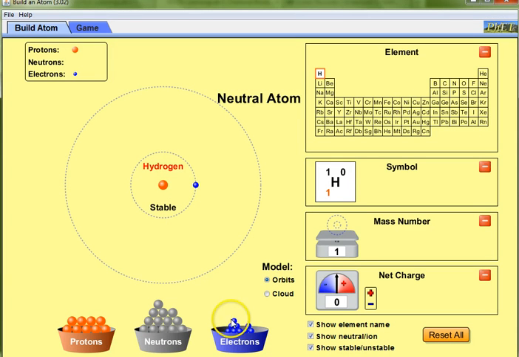Now let's add one more electron. Now you have 2 electrons in the atom. Do you think this will exist? This is actually called the hydride ion. There is a negative charge on this hydrogen. Do you think that this can exist?